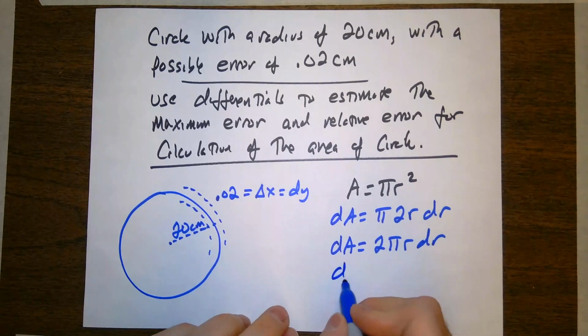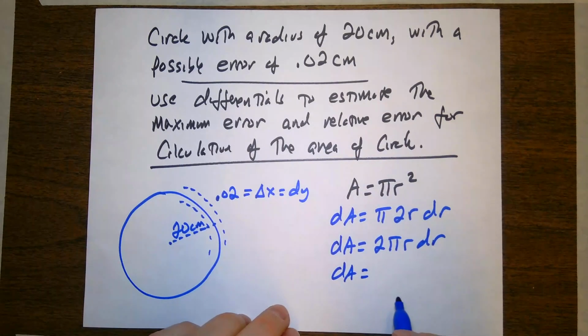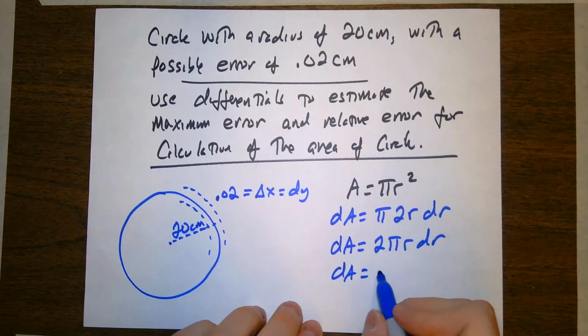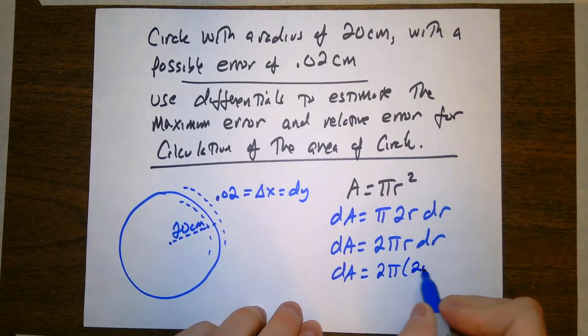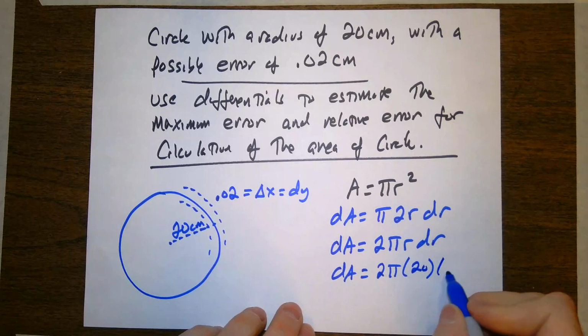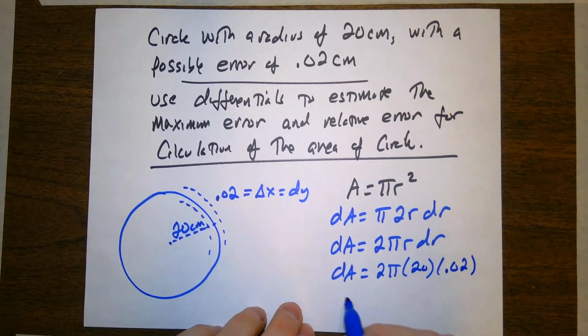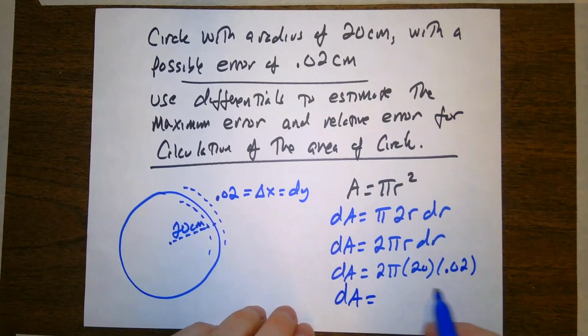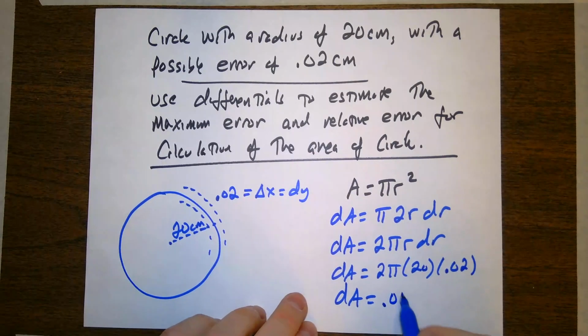Substituting in, the error of calculating the circle is going to be 2 times pi times 20 times 0.02. My dA is going to be 0.08 pi.